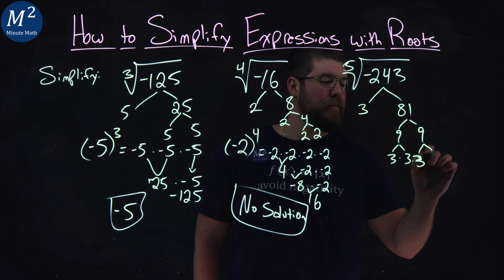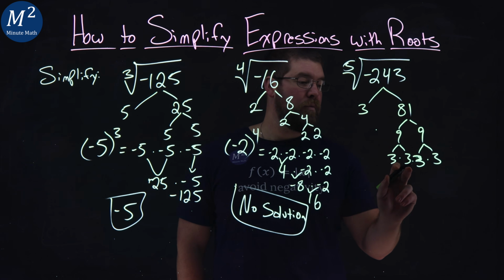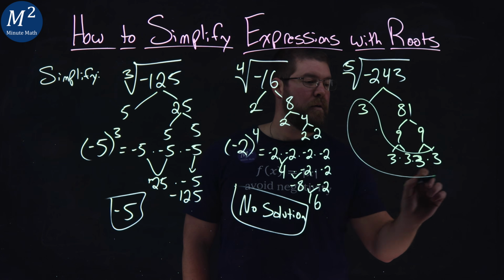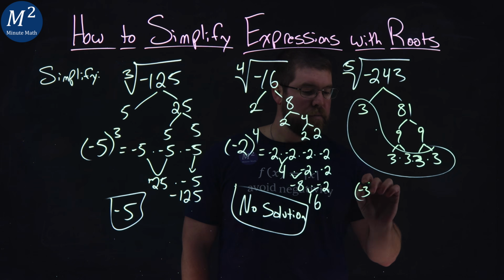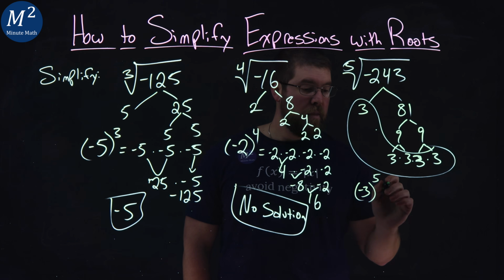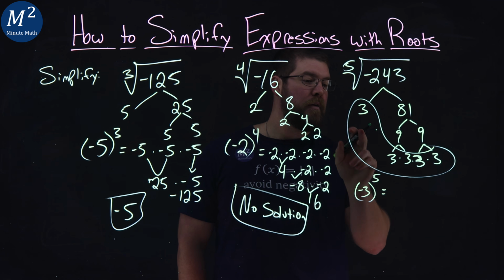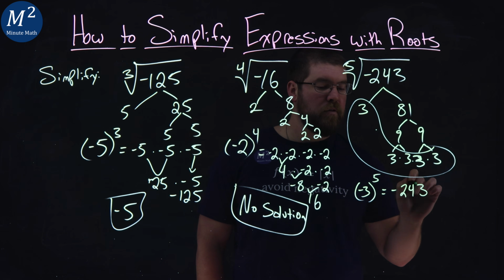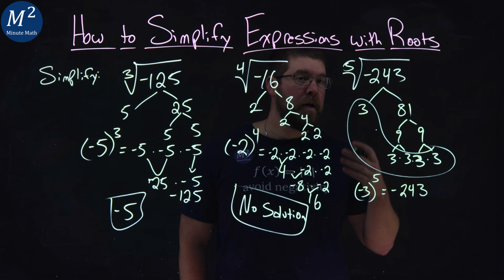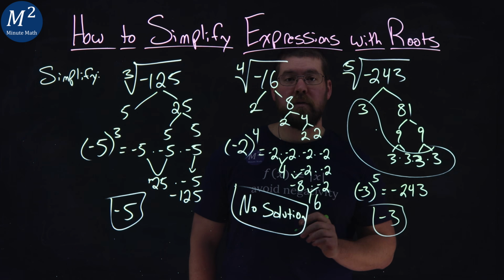So how many 3s do we have multiplied? 3 times 3 times 3 times 3 times 3, a group of 5. So if we have a negative 3 to the fifth power, because we know it alternates negative, positive, and goes on through, that becomes a negative 243. And so therefore, the fifth root of negative 243 is a negative 3.